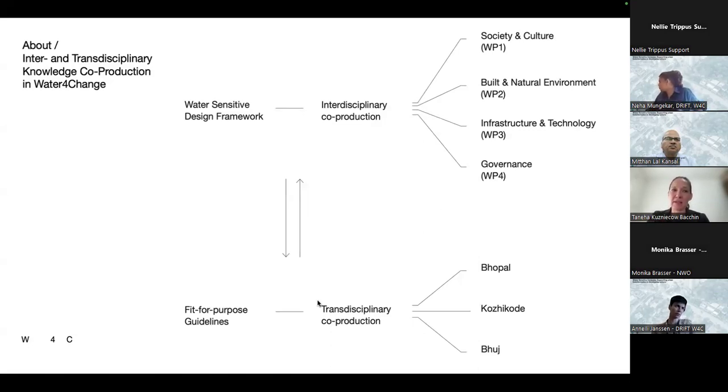That was what we have done in the past 4 years, in a very close dialogue with our different stakeholders. So in that sense, a transdisciplinary co-production, leading us to be able to develop jointly fit for purpose guidelines that actually can help support cities in their transition process to a more water sensitive nature.